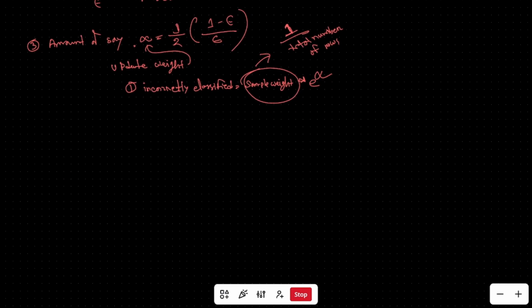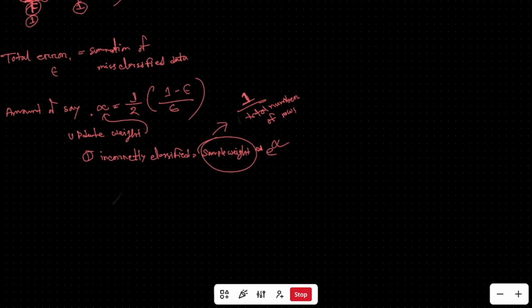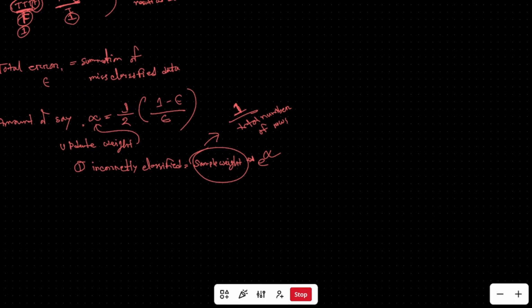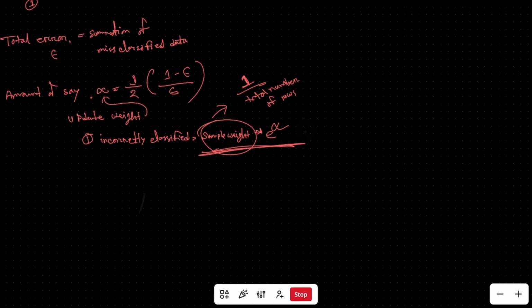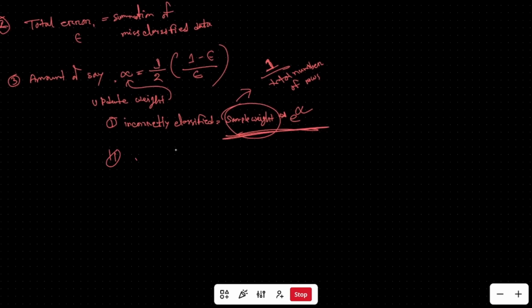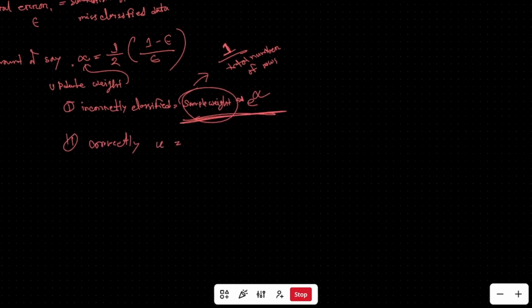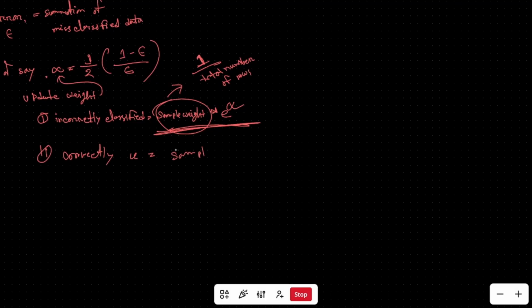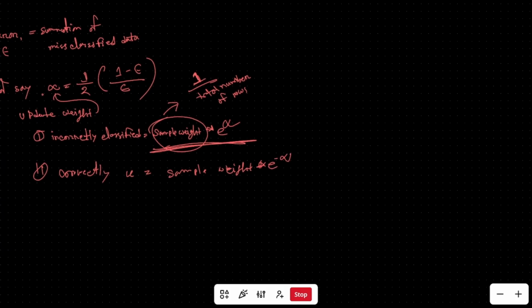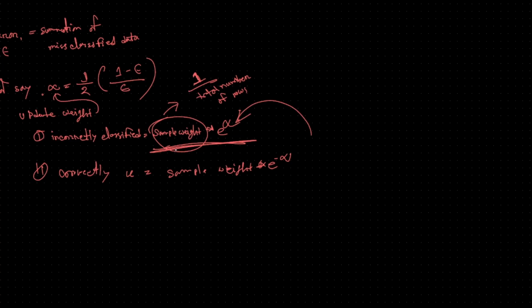For correctly classified data, we use sample weight times e to the power minus alpha. So basically we are giving more importance to the incorrectly classified data to purify it in the further iterations.